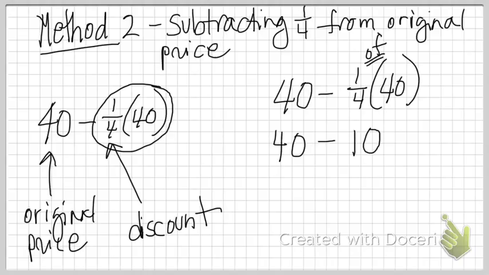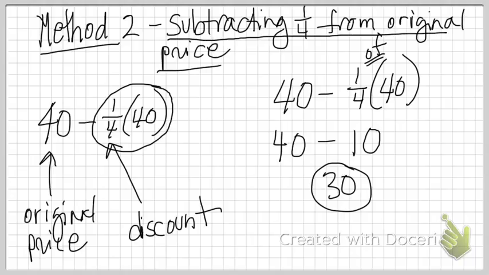Hopefully we're all getting that part because that's real important. And of course 40 minus 10 equals 30, so we come up with 30 again. So this method 2 was subtracting 1/4 from the original price, more algebraic in nature than the tape diagram.